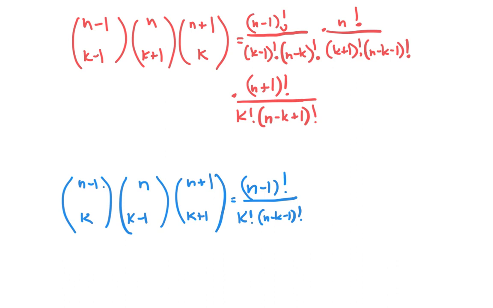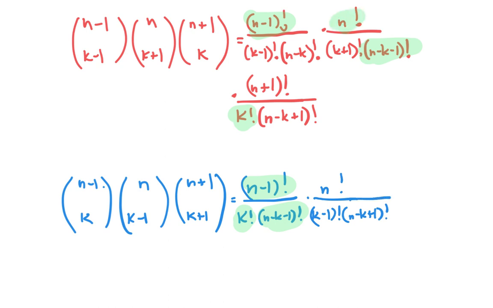So above, there's our n minus 1, we have that. There's our k, we have that. There's our n minus k minus 1, we have that. And similarly, we just keep going. So we have n factorial over k minus 1 factorial, n minus k plus 1 factorial.